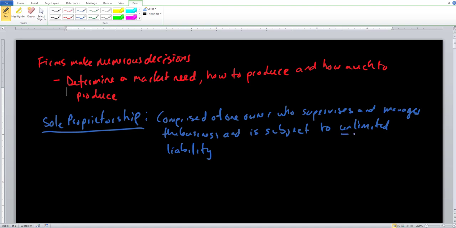And unlimited liability, we'll get into this very, very shortly. It's going to be one of the major disadvantages of setting yourself up as a sole proprietorship.